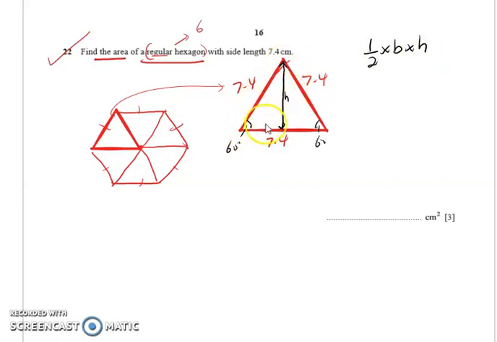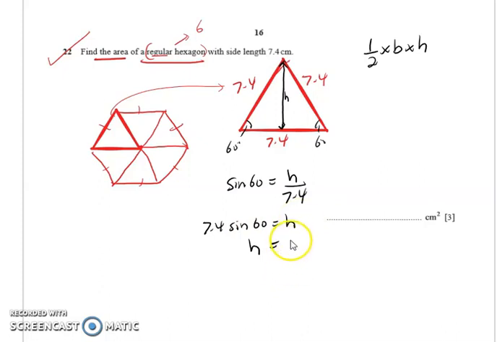Okay, so we can use this triangle, and since we have an angle over here, we can use sine 60 equals the opposite, which is the height h, over the hypotenuse, which is 7.4. So we multiply 7.4 by sine 60. This is the height.